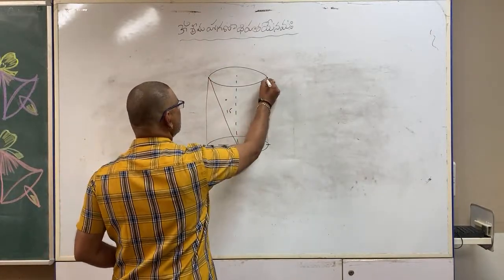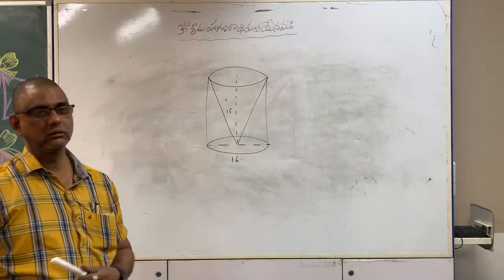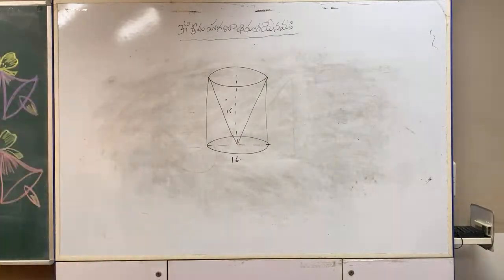What was done? Means this was taken out. Same diameter and same height, it is taken out. From a solid cylinder, a cone is taken out.